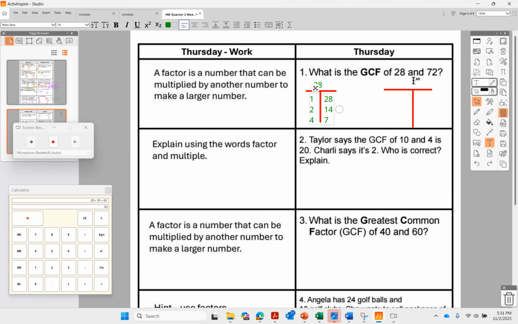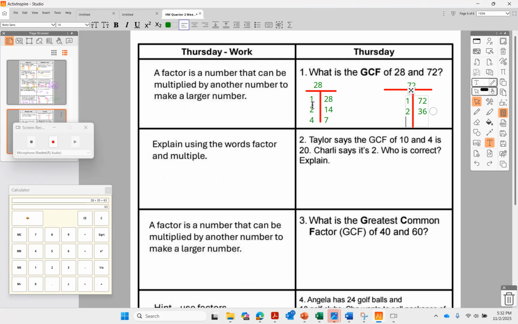My factors of 72. 1 times 72. I happen to know that it's 2 times 36. Now this is where I'm going to start getting a little selective. Even though I know that 3 is a factor of 72, I know it's not a factor of 28.